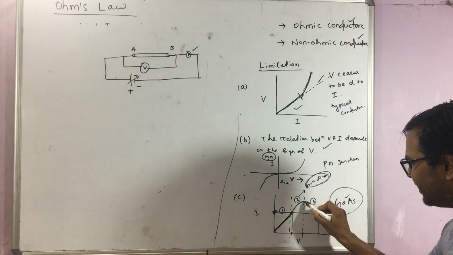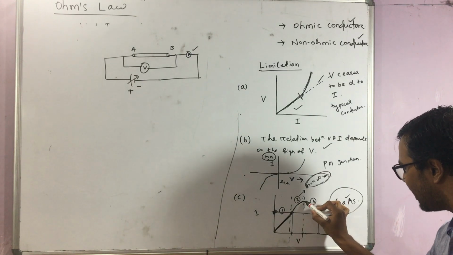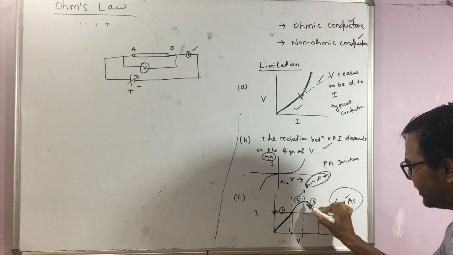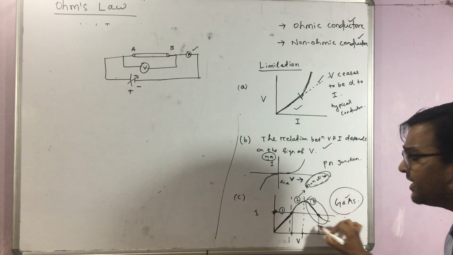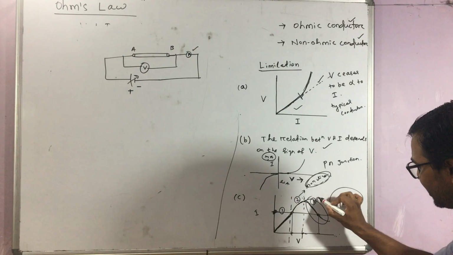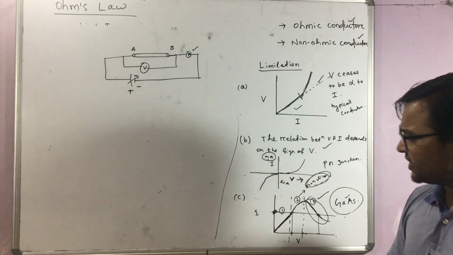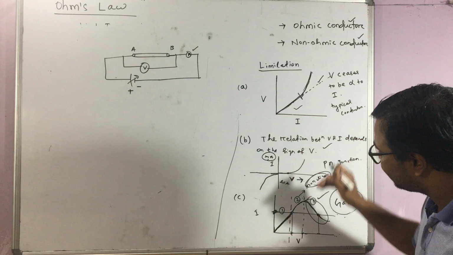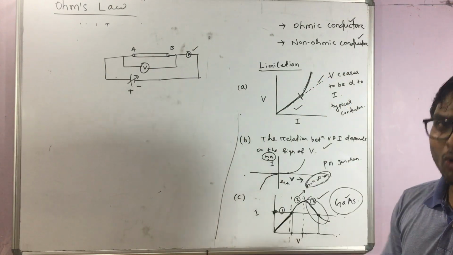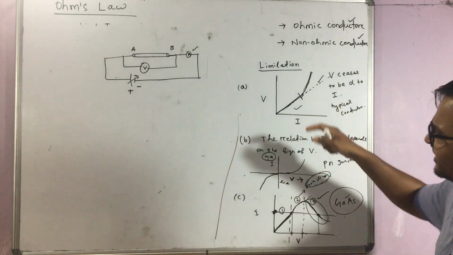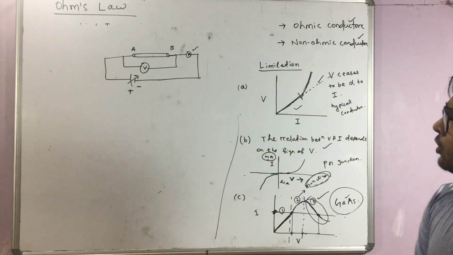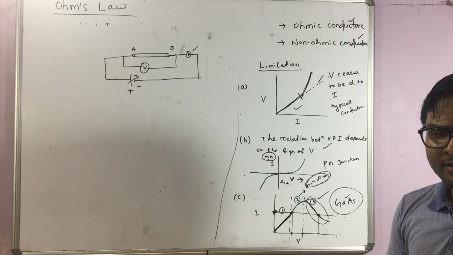But here, with the increase in voltage, the graph is going downward. It means this is the portion where the resistance will be negative. That's why this region 3 is called the negative resistance region. So these are the three limitations of Ohm's law. That's why these devices, these materials, are called non-ohmic conductors. Clear? Thank you.